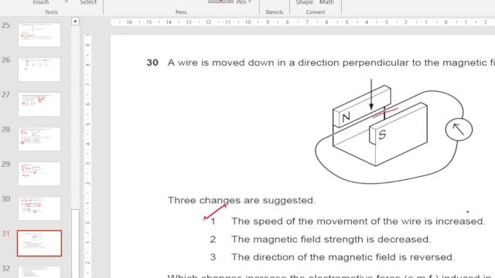So the first one, that is, the speed of the movement of the wire should be increased, is correct. The field strength is decreased? No, the field strength should be increased. If I decrease the field strength, I won't have much EMF. So the second one is wrong. The direction of the magnet is reversed? This is not going to increase the EMF. This will just change the direction, so EMF cannot be increased. So for the 30th question, option B is the correct option. The first one only is correct.